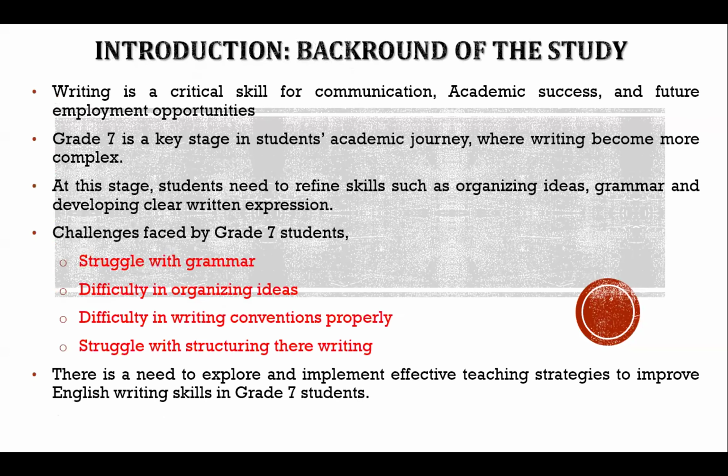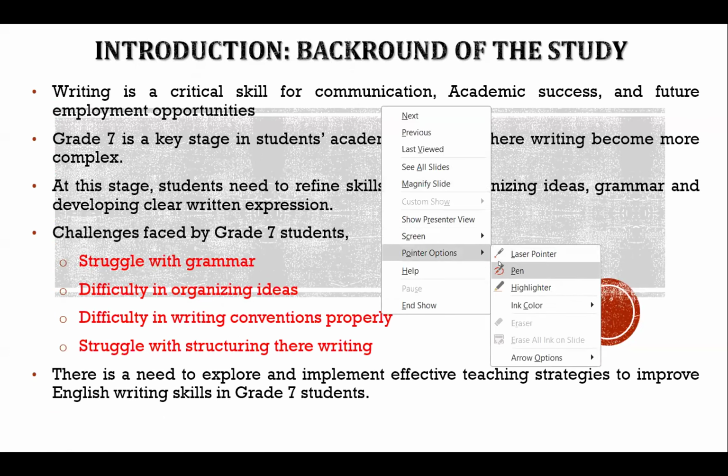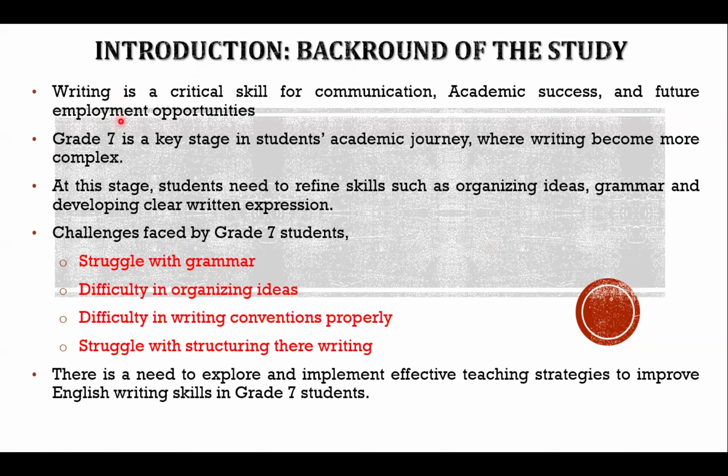Okay, ma'am. So the next one, introduction or background of the study. The first point is writing is a critical skill for communication, academic success, and future employment opportunities. So good writing skills are necessary to succeed academically and also to get good job opportunities in the future.